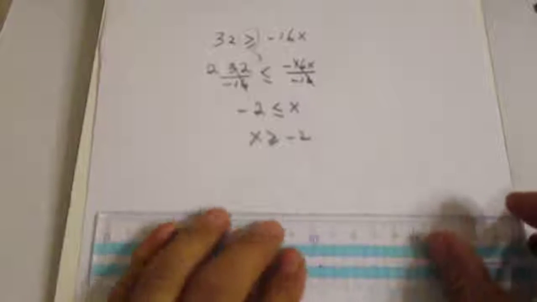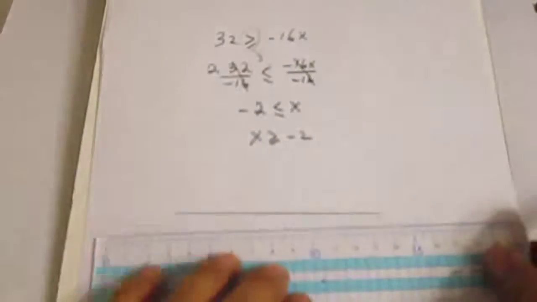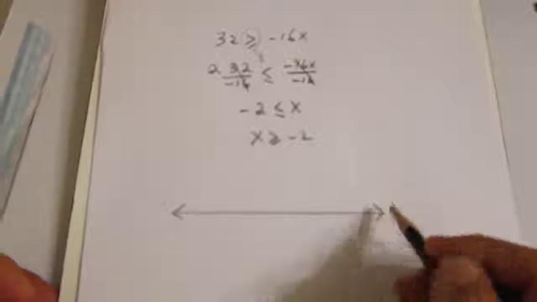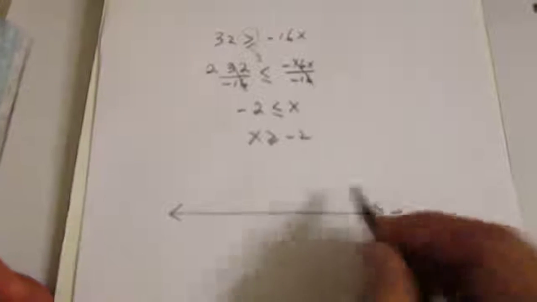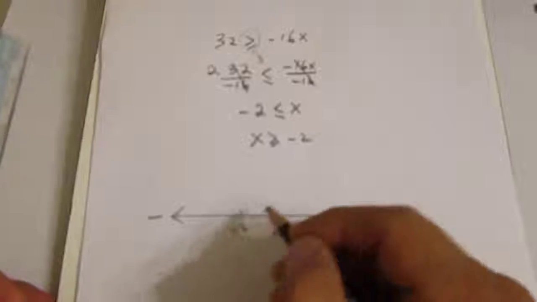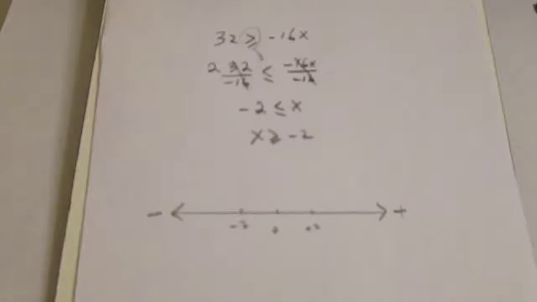I'm going to draw the graph. My 0, negative 2, positive 2.